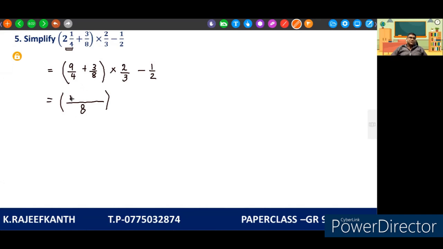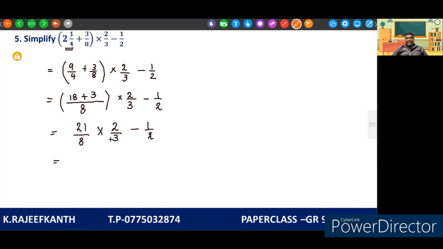So 9 times 2, that is 18. Plus in 8 there is one 8, then we have to multiply this 3 by 1, so 3. Here 18 plus 3 is 21/8, into 2/3 minus half.